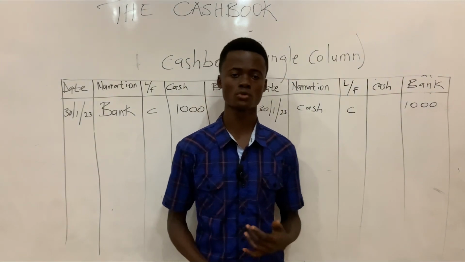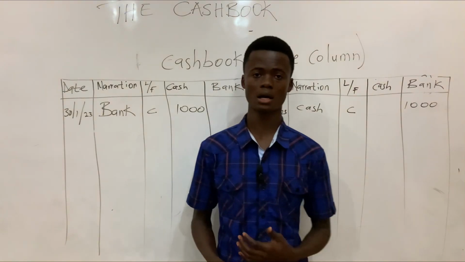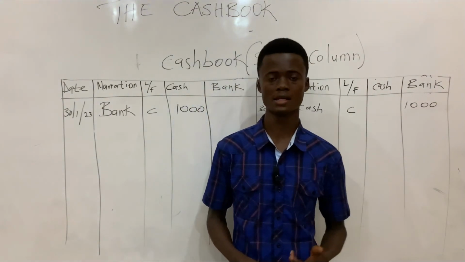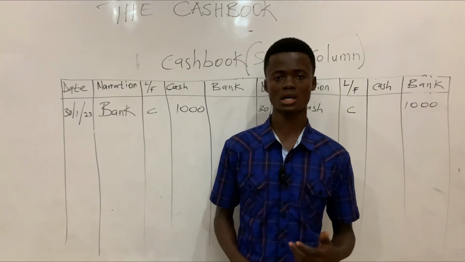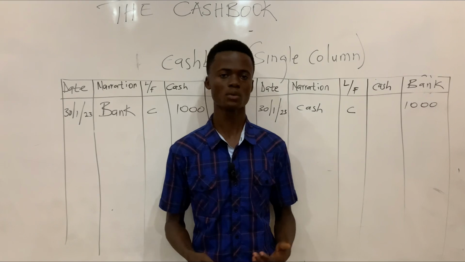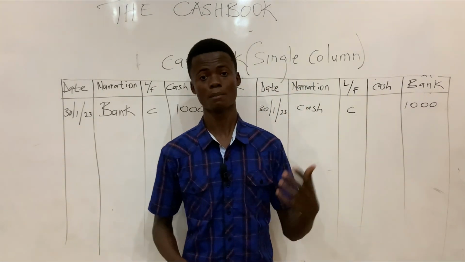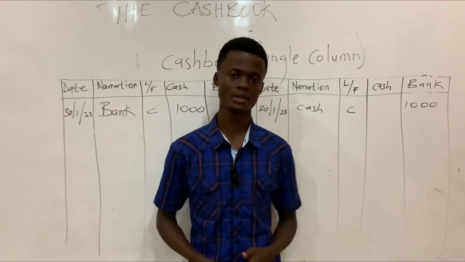Whenever a business withdraws cash from its cash account and deposits it into a bank account, then it means that the cash account will be credited and then the bank account will be debited. Or whenever a business withdraws cash from a bank account and deposits it into a cash account, then it means that the bank account will be credited and then the cash account will be debited.